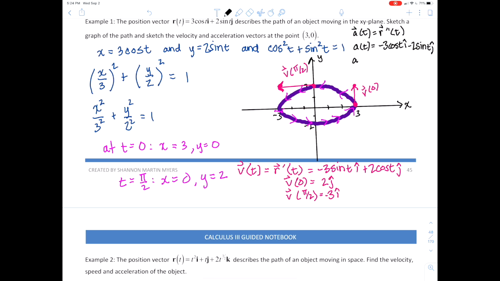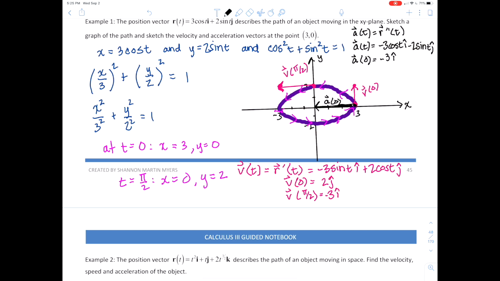So a at 0 would be -3i plus 0j. So remember, it would start here and then it's going to go this way, so along the axis.